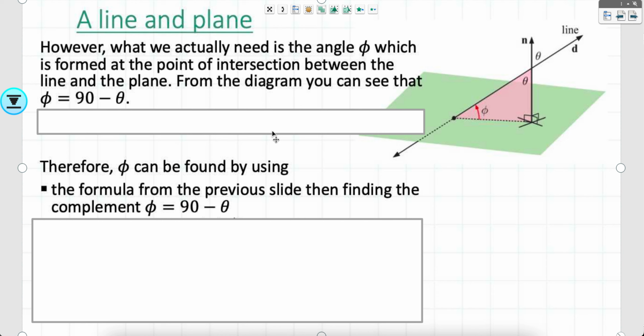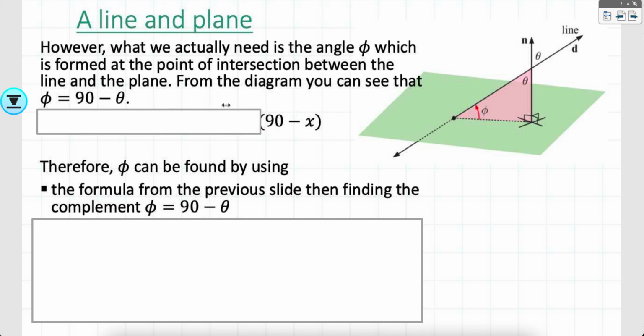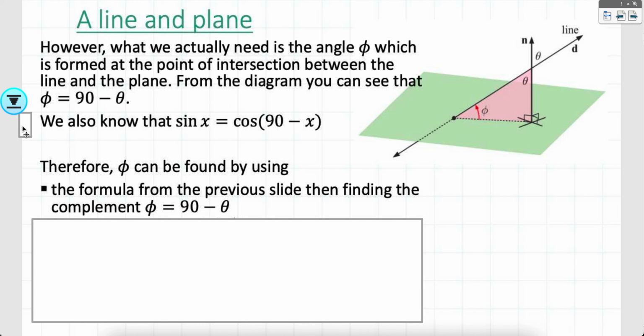But there is another fact that we know. We know that sine x is the same as taking cos 90 minus x, and I'm talking about degrees here, even though we're going to solve this in radians most of the time. But sine x is the same thing as saying cos 90 minus x.